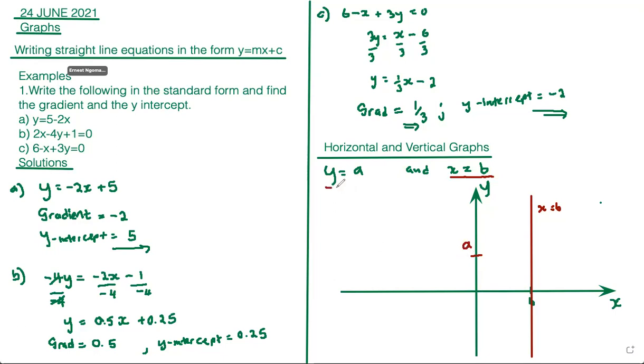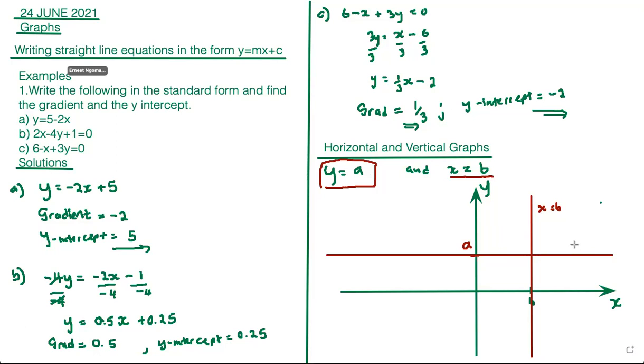So these graphs of y is equal to a are horizontal graphs. So just know from now on that whenever you have a graph written y is equal to something, you go to where that value is on the y-axis, then you draw a horizontal line through that point. So these ones are simple graphs.